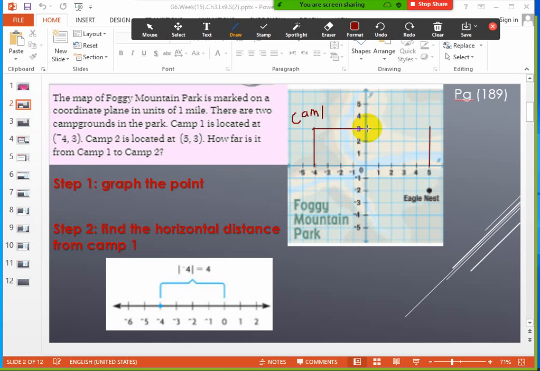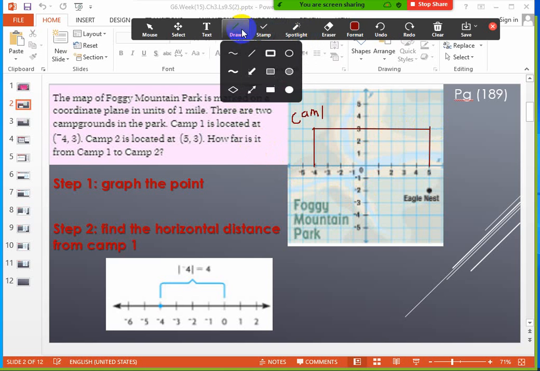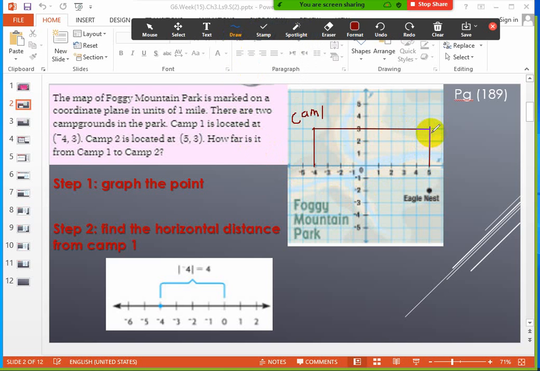This is 3. So this is the second point here. We name it Camp 2. Now I want to find the distance between those two points.